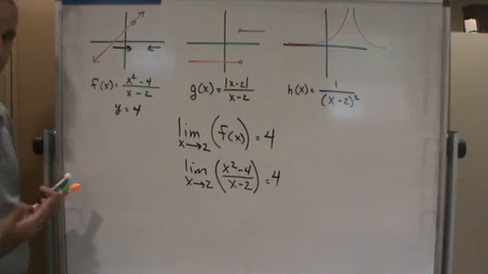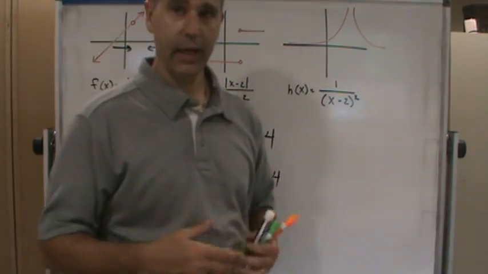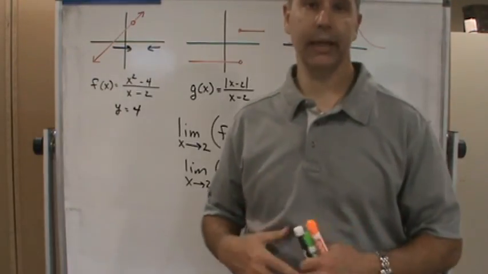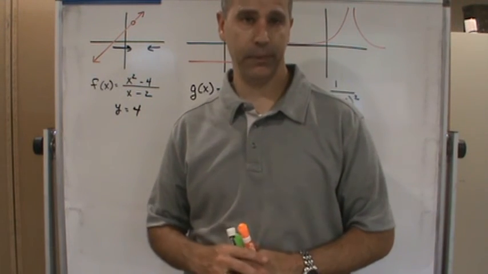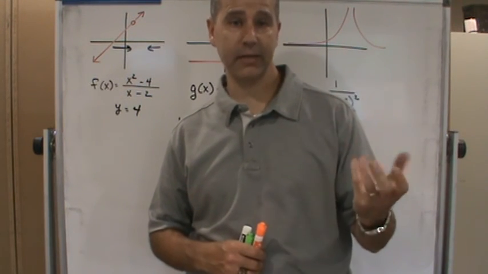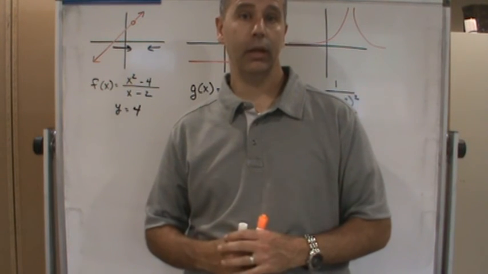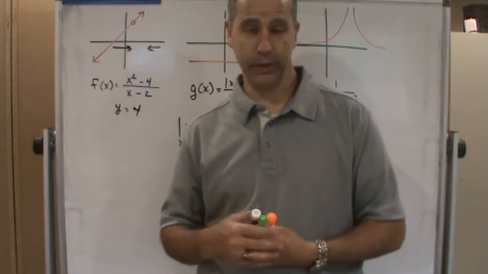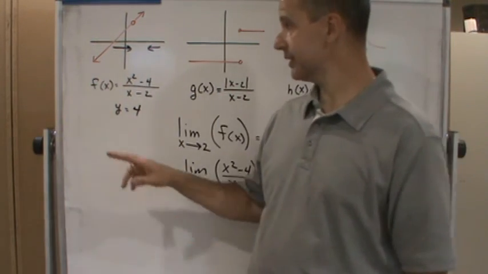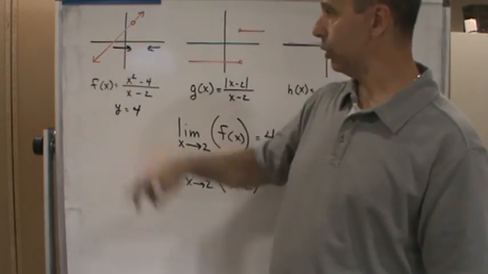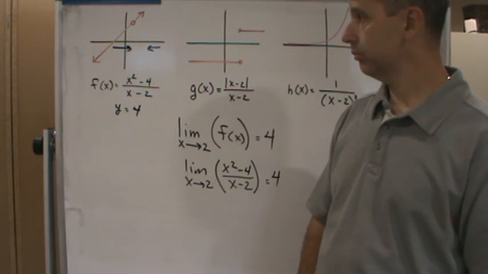It's what is going on with the function as we approach a certain x value. Now, whether the function is defined at that value is irrelevant at this point. As you can see, we can have a hole in the graph, right?